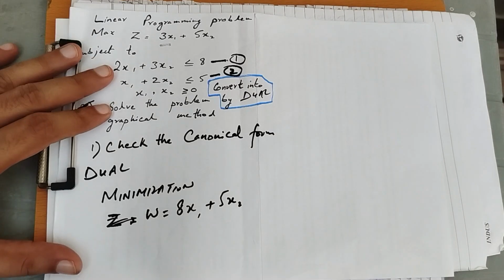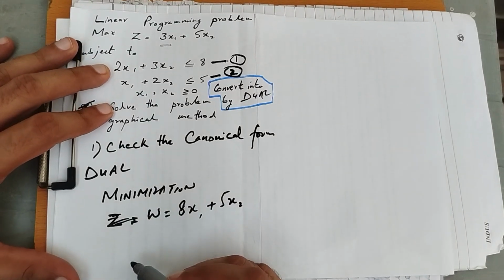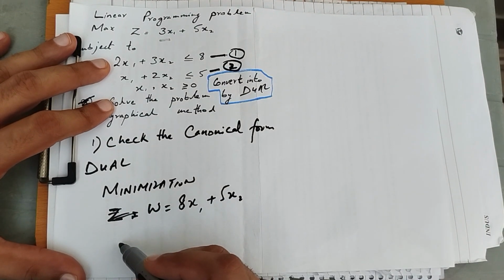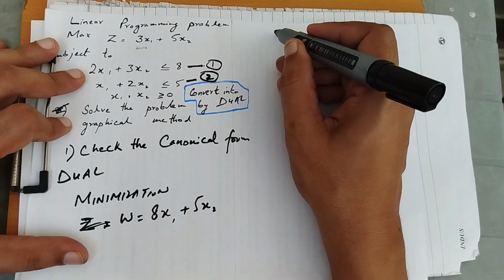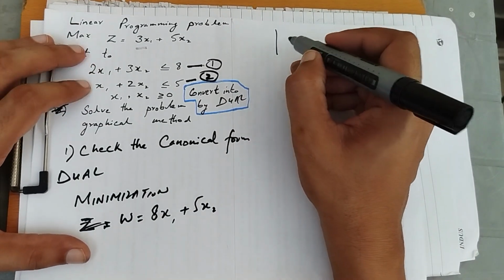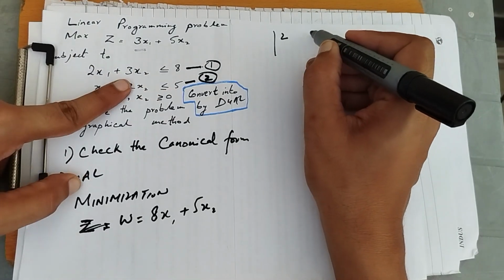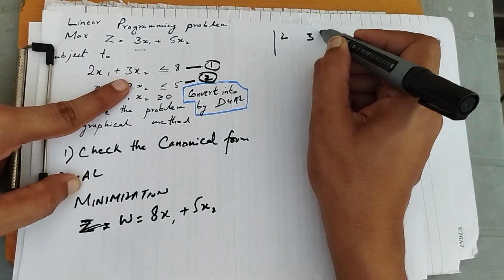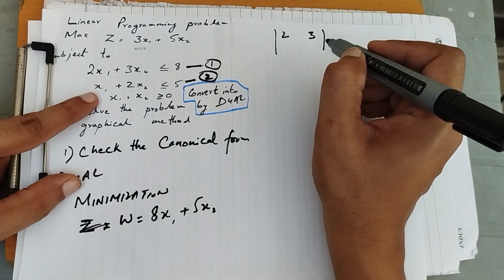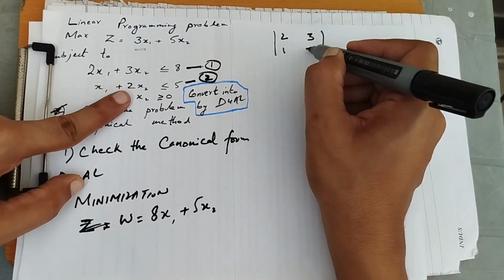Now let's find out the constraints as well. For the constraints, you just develop a matrix from the constraint coefficients. The first constraint coefficients are 2 and 3. The second constraint coefficients are 1 and 2.